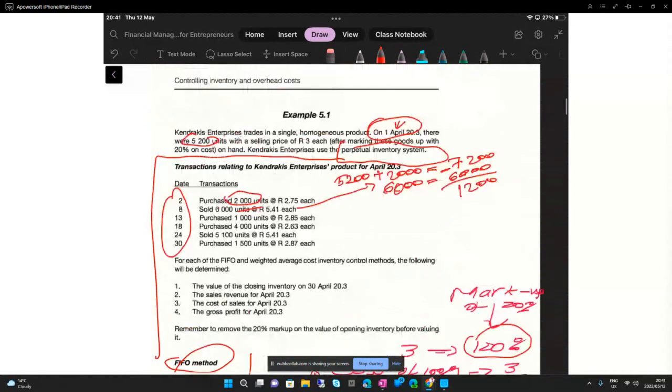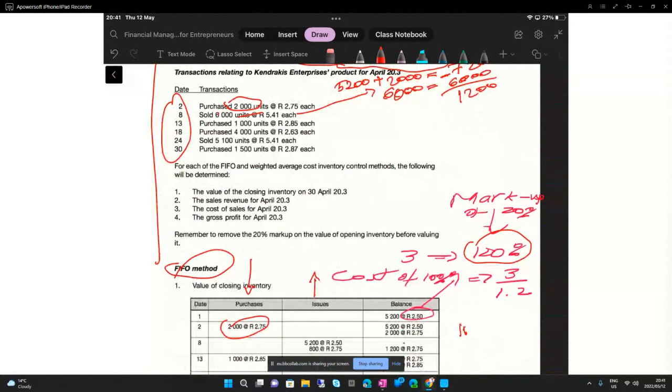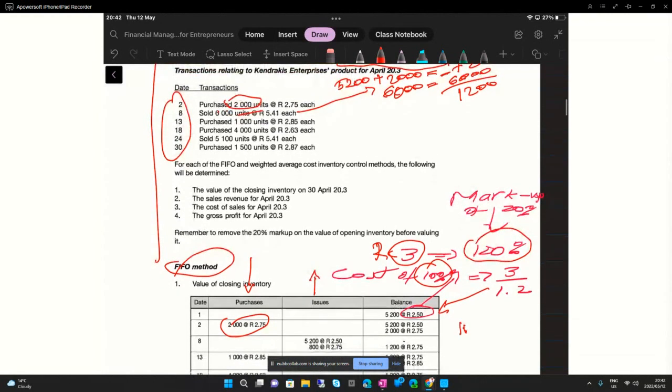So they're saying that the price was set after a markup of 20%. So 3 rand is equal to 120% because they added a markup of 20% to the 100% of cost. So what is now the cost itself? When you want to find the cost, you divide 3 by 120%, or 3 divided by 1.2. That's how you find this first cost.